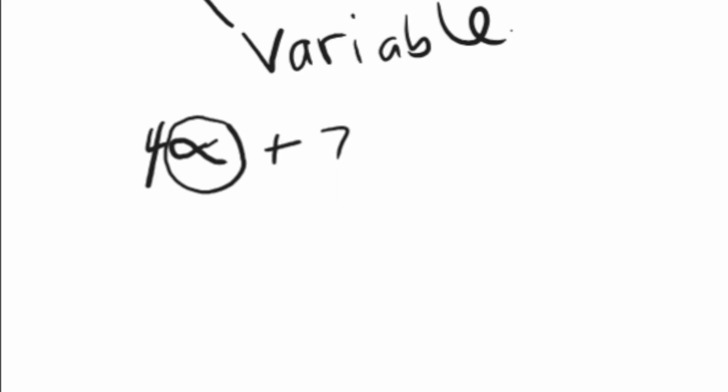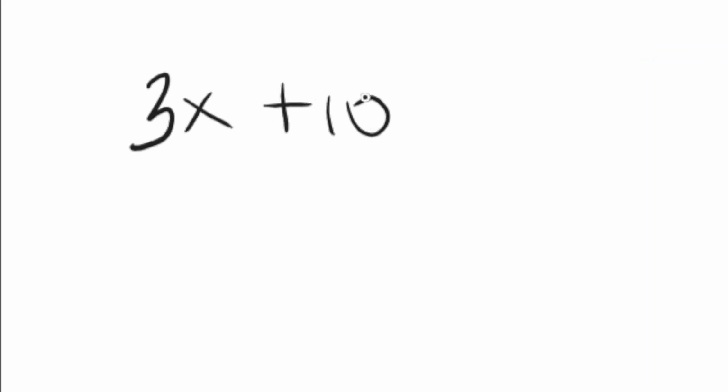Now let's see the coefficient. We've seen a variable, so let's look at the coefficient. Let's still use our 3x plus 10. We know that this has two terms. The variable is x.